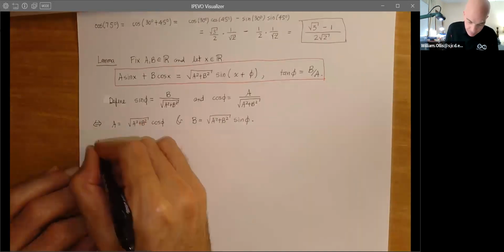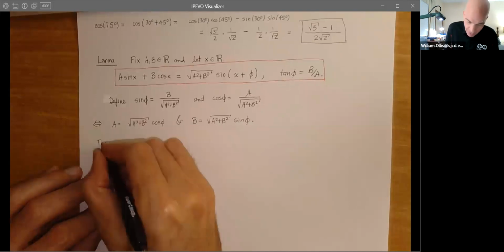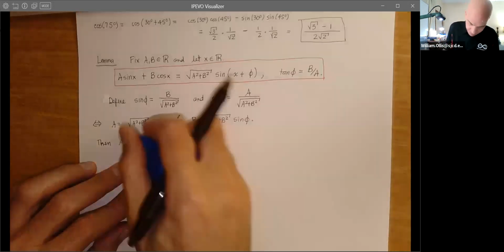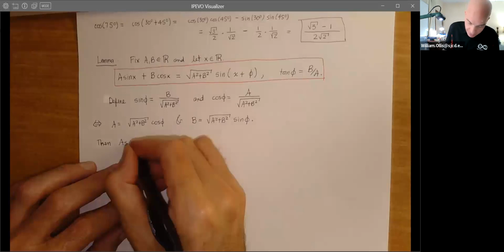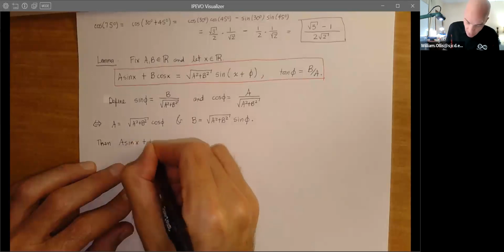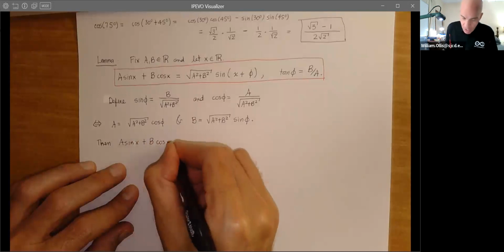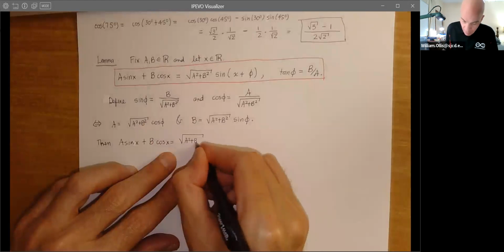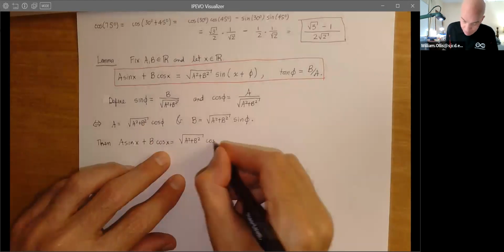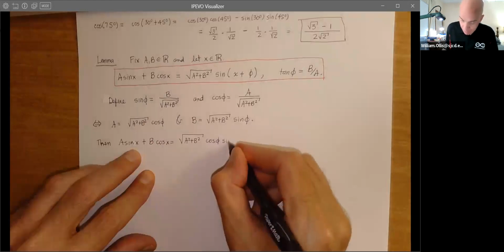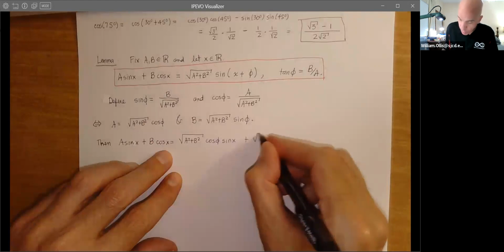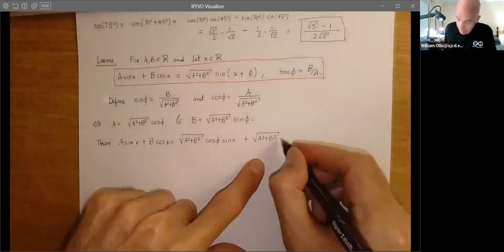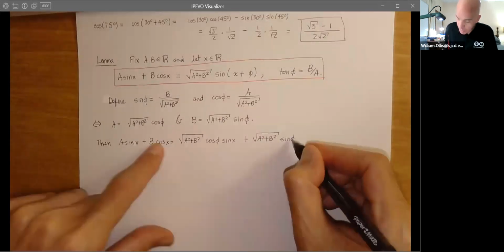Then A sine x, I need to append that, sine x plus B cosine x. Let's just substitute. We get square root A squared plus B squared cosine phi sine x plus square root A squared plus B squared sine phi cosine x.